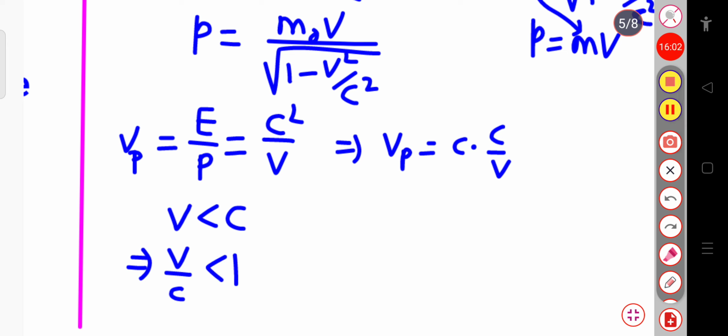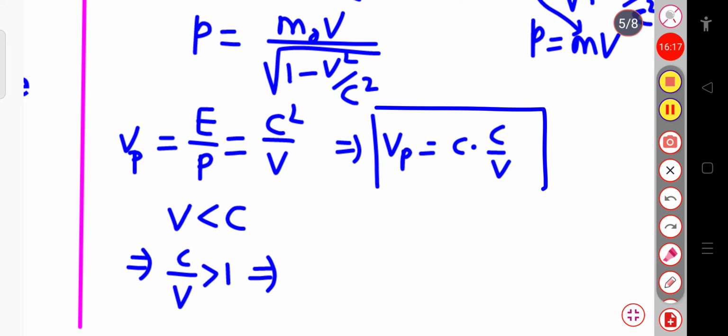From this we can calculate this expression Vp equal to c into c by V. So here c by V is greater than 1. That's why from this we can write Vp will be larger than c.